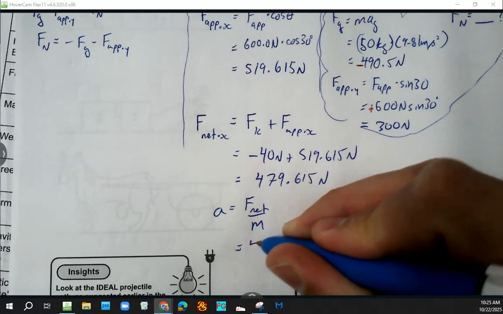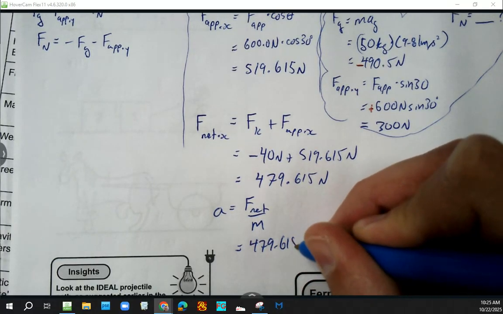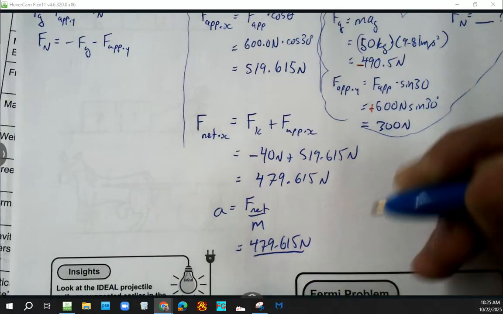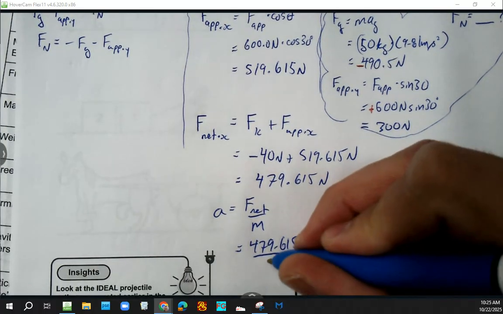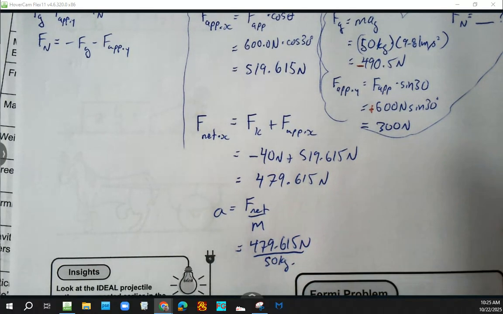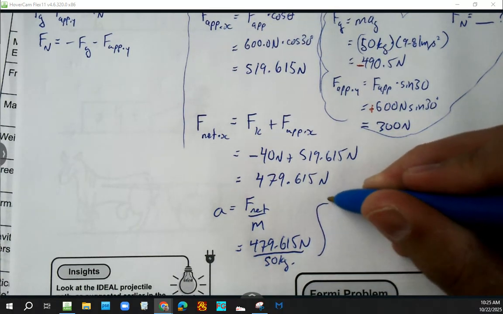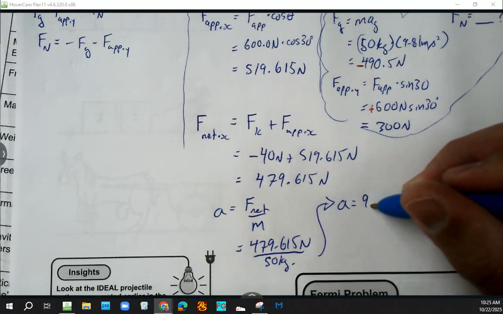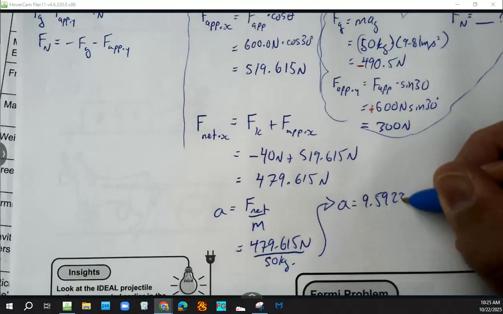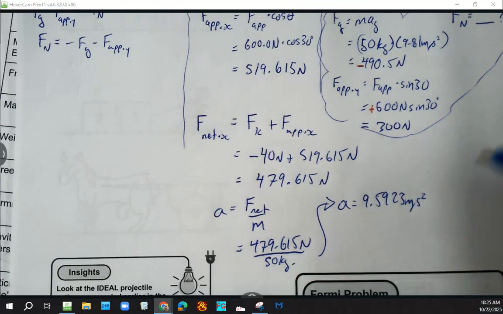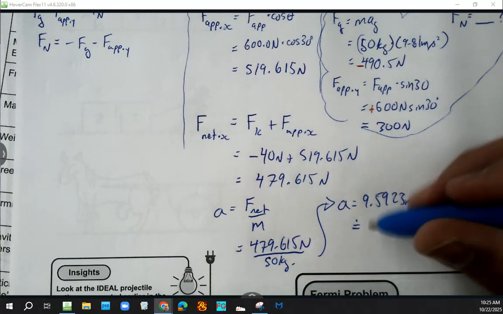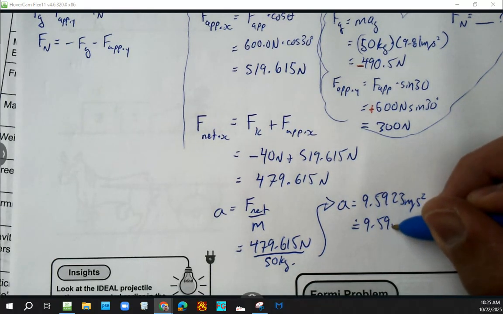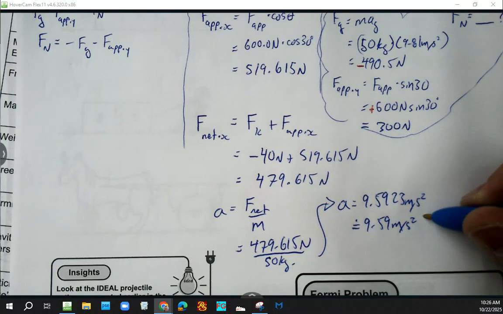So 479.615 newtons divided by the sled and kid combo, 50 kilograms, gives us an acceleration of, my notes say, 9.5923 meters per second squared. Yeah? You got nods of the head. And I'm going to round this off to 3 significant figures, 9.59 meters per second squared to the right.